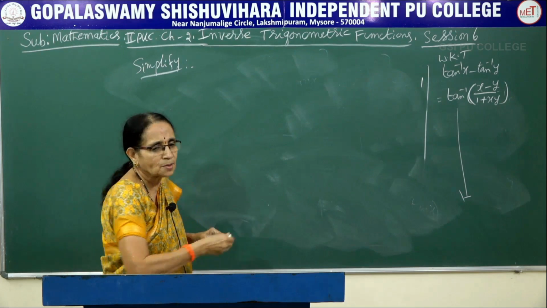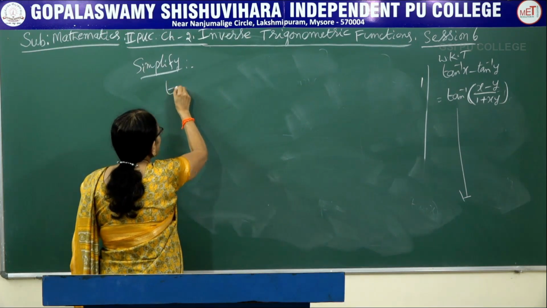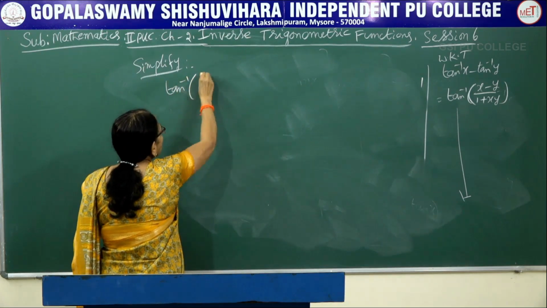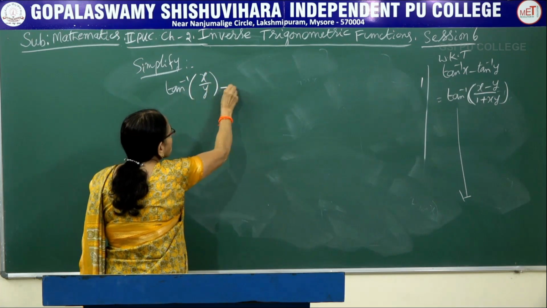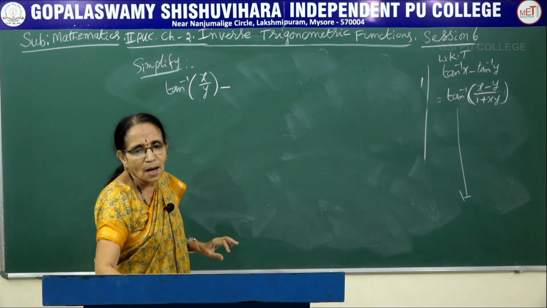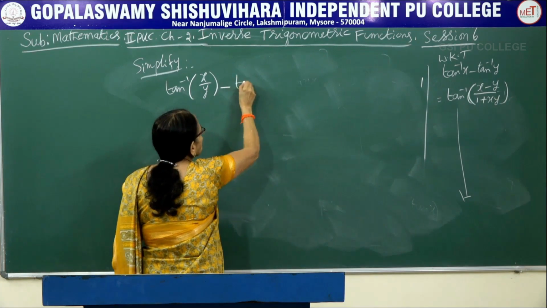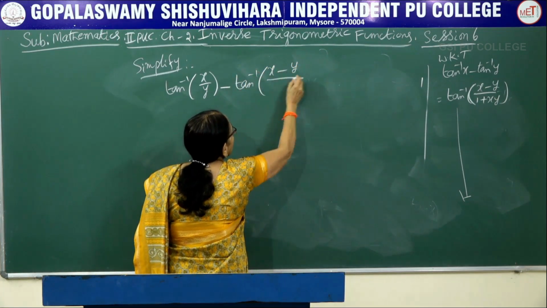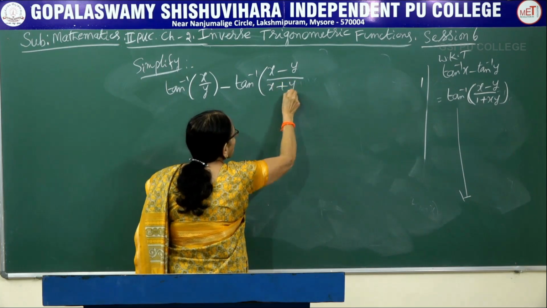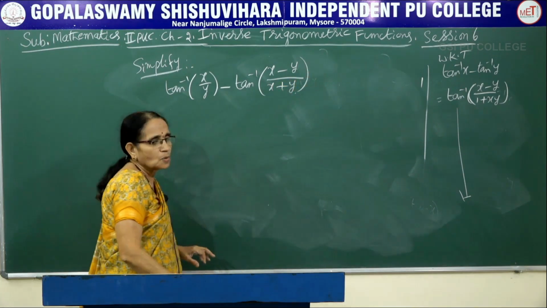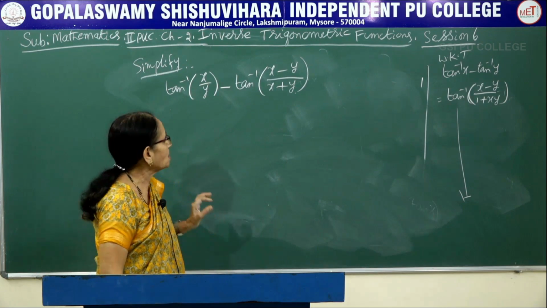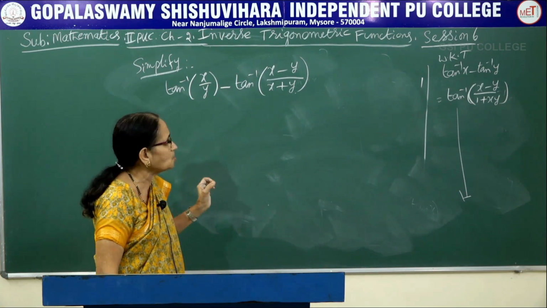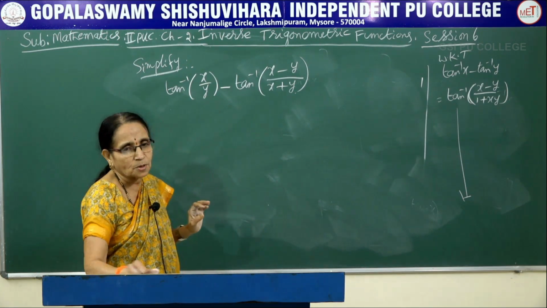Now the next problem is to simplify again tan inverse of x by y minus tan inverse of x minus y divided by x plus y. Tan inverse of x by y minus tan inverse of x minus y over x plus y.